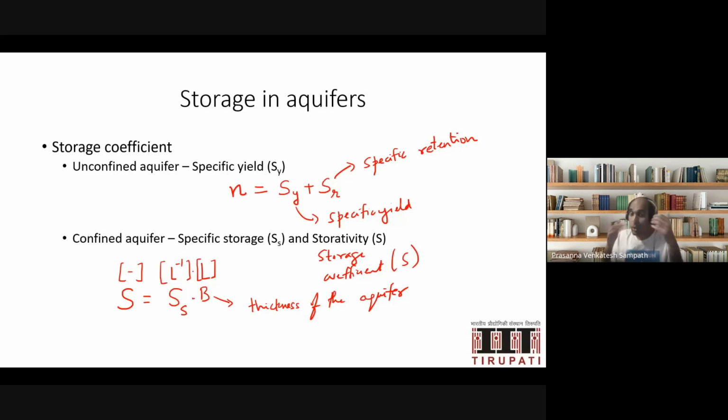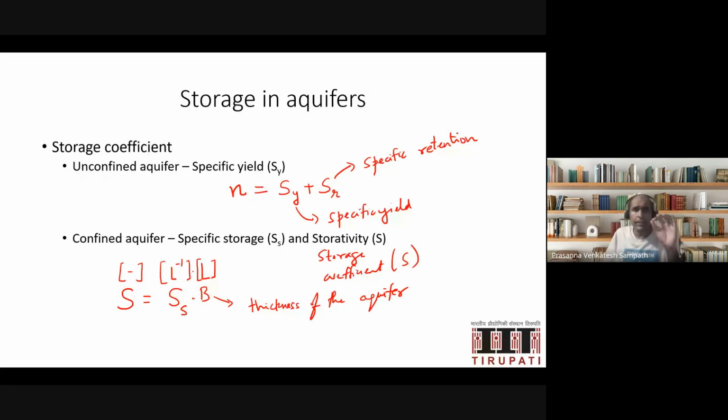The water that still remains inside the soil sample after all the water is drained out by gravity is the specific retention. Now these two, if you add them together, you should get the porosity, which is the total water that is held in that soil sample. So that's the way to think about this.